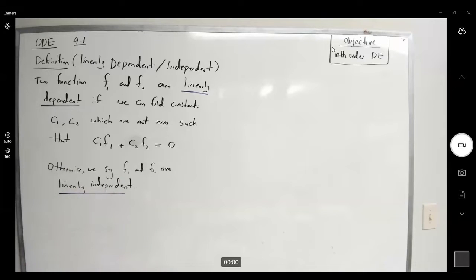So again, two functions like f1 and f2 are called linearly dependent if you can find non-zero constants like C1 and C2 such that the linear combination becomes 0. Otherwise, we have linearly independent functions.